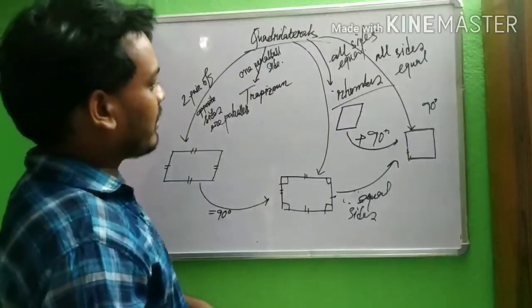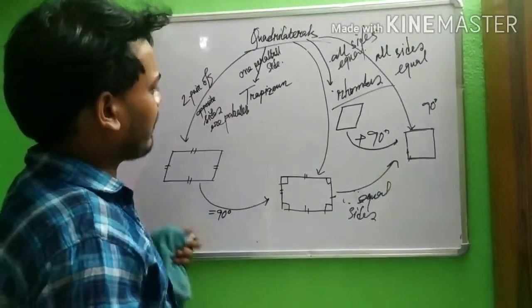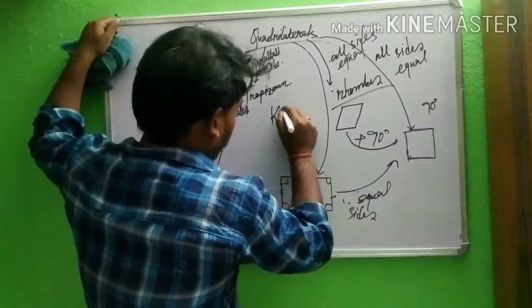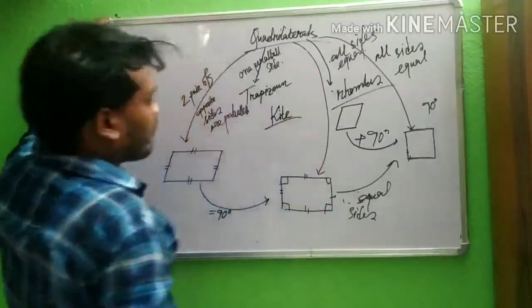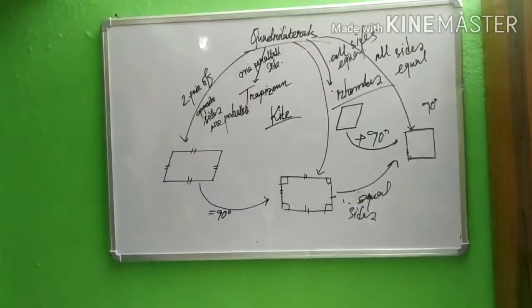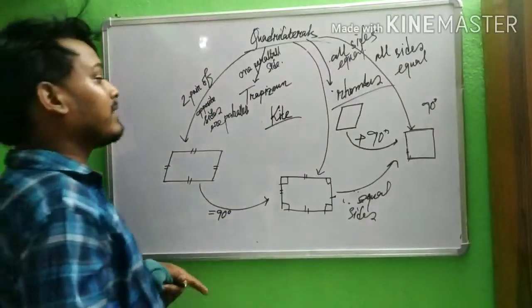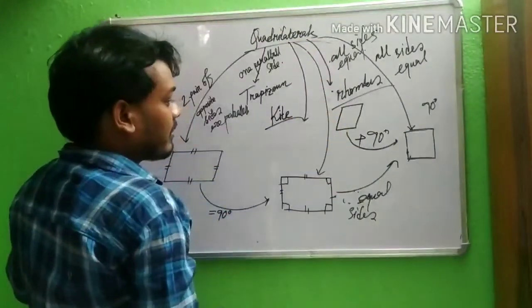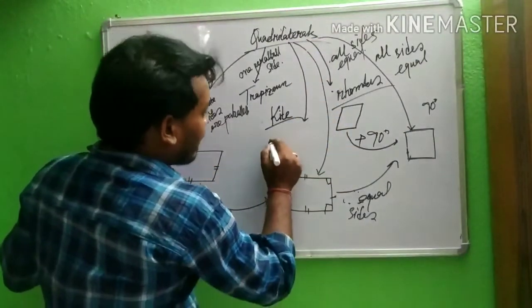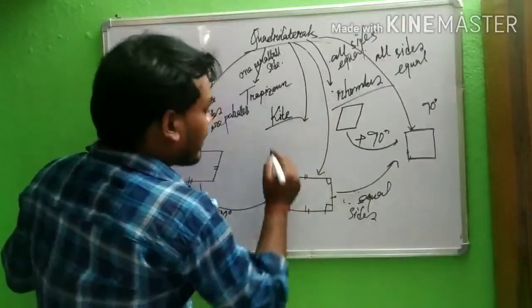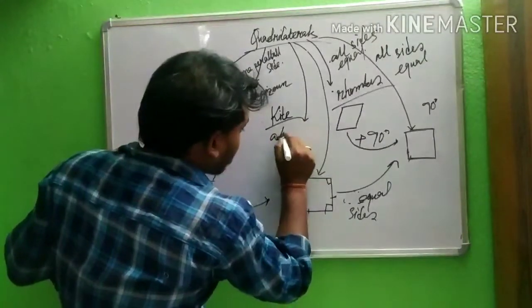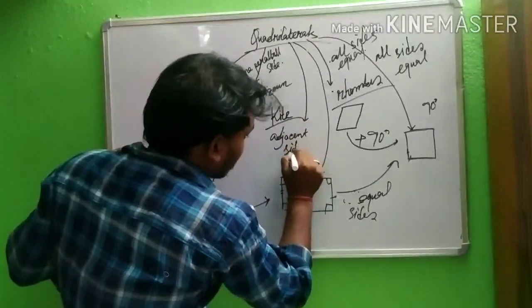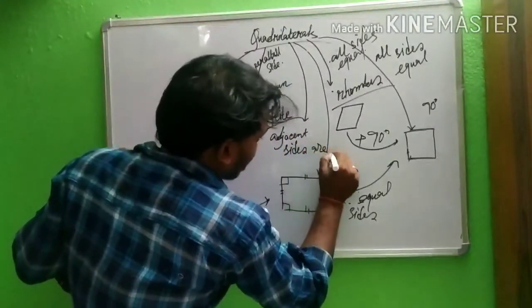And another thing, kite. What is a kite? The condition of a kite is that adjacent sides are equal.